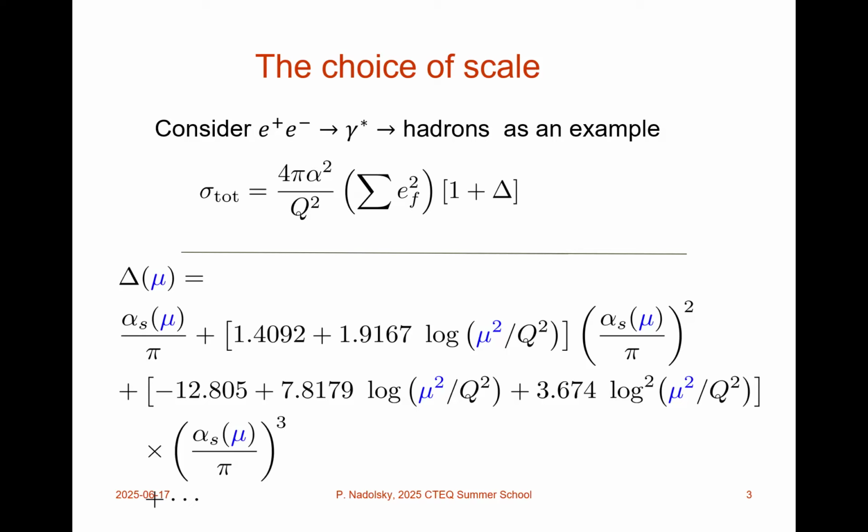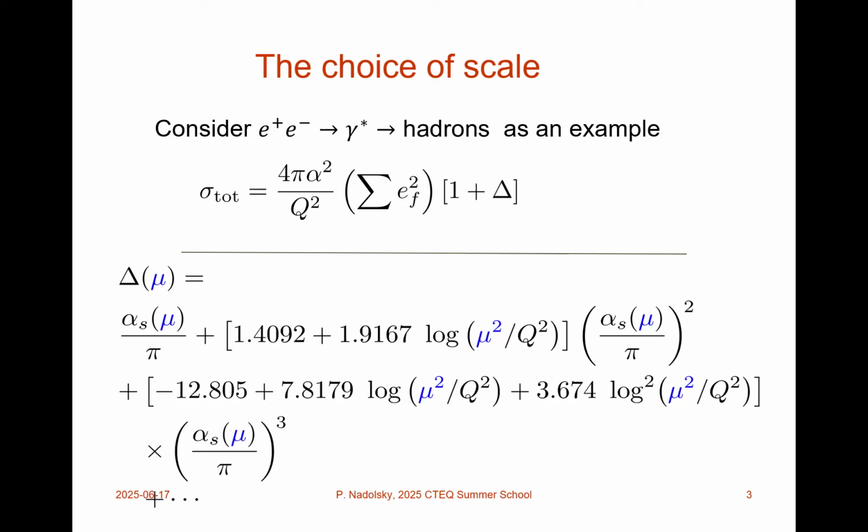If you calculate it up to order alpha_s cubed, you get the following expression for the right-hand side. Basically it will depend on some function delta that is expanded in powers of alpha_s, and you see there are some logarithmic terms of mu squared over Q squared. Mu is equal to mu_R here, right?